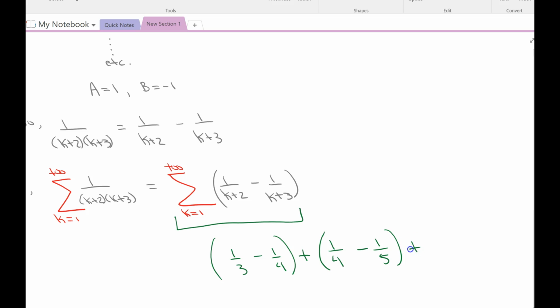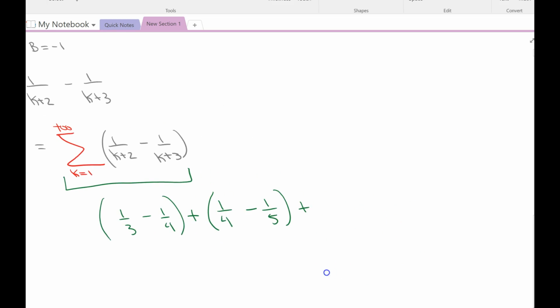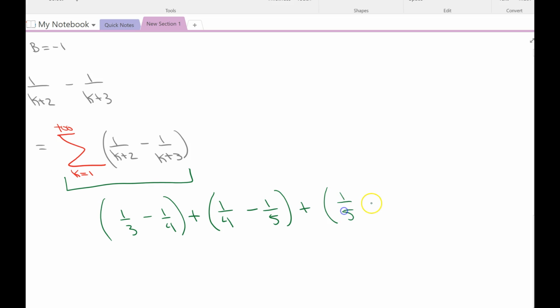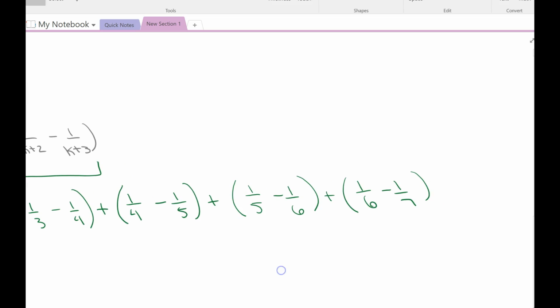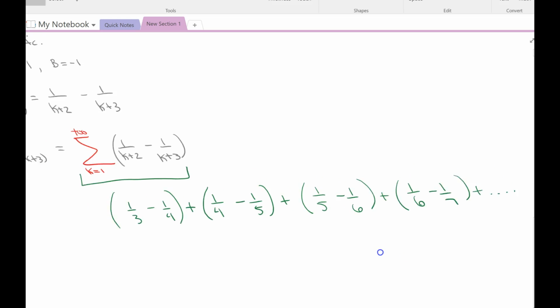Right? Plus, let's see. Plugging k equals 3, 1/5 minus 1/6. And maybe you're someone who doesn't see what's happening yet. Let's plug in k equals 4, 1/6 minus 1/7. Oh, let's just put a dot dot dot here for a second. Now take a look at this.